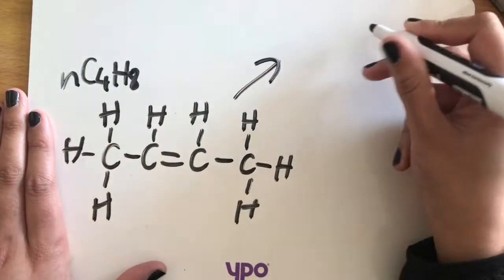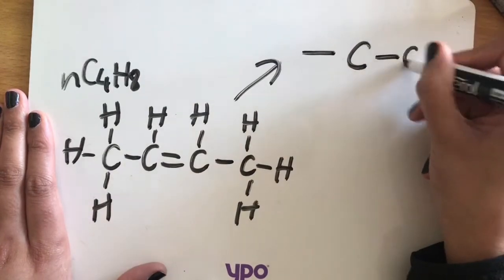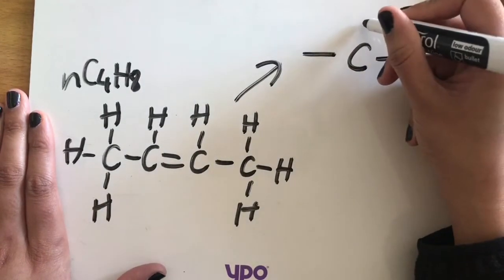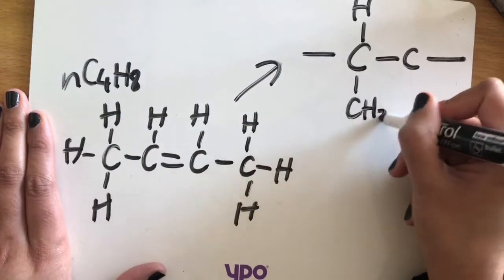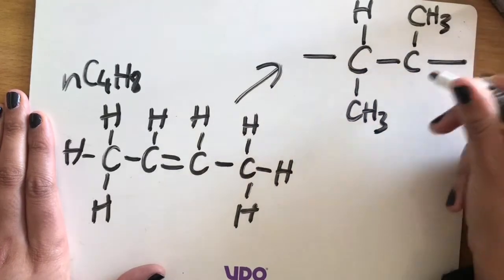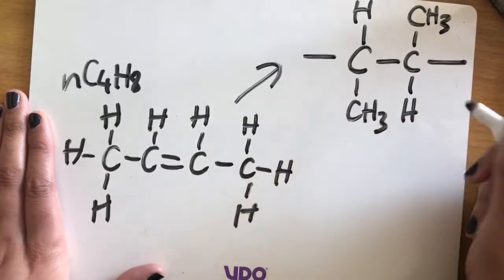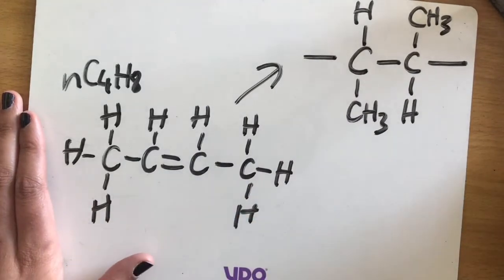So when this polymerizes, that double bond has now been broken and we have a CH3 group on either side, which means the double bond would have had to be in the middle of the compound.